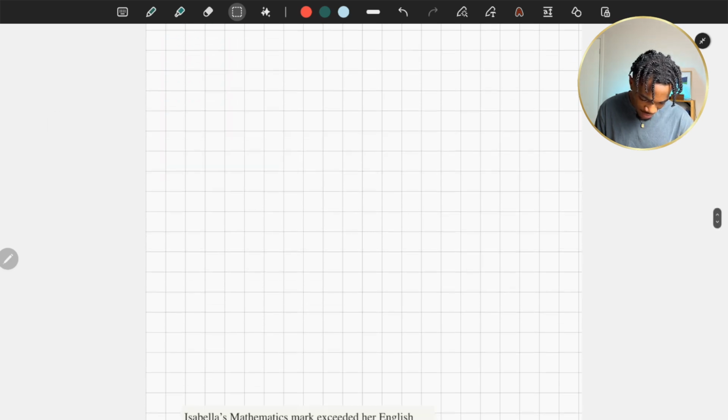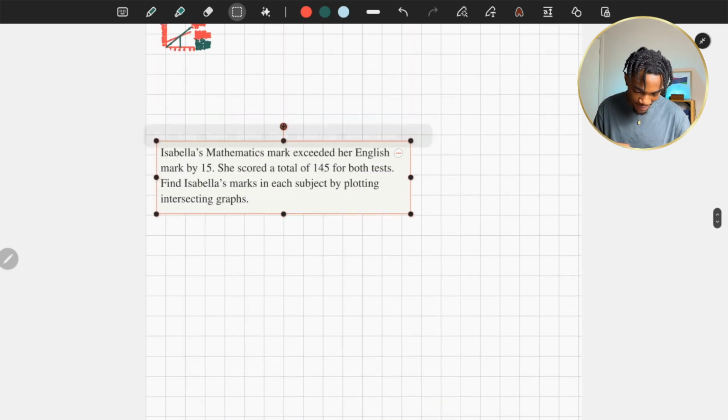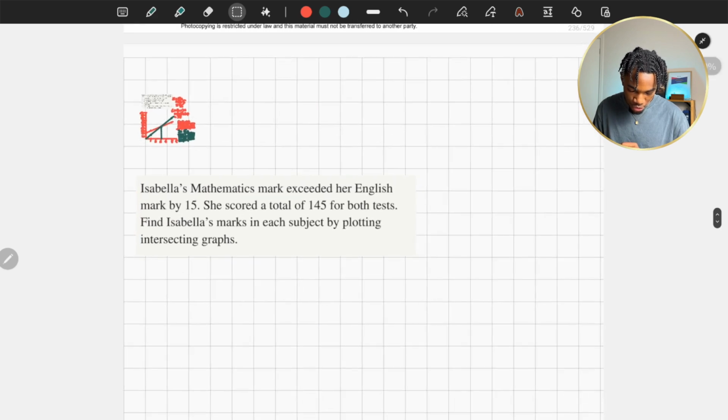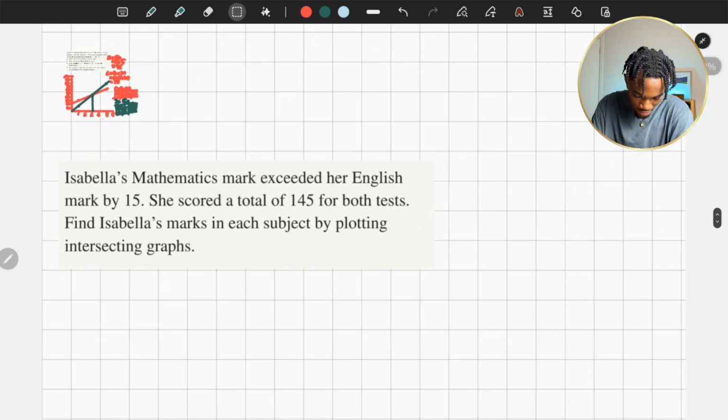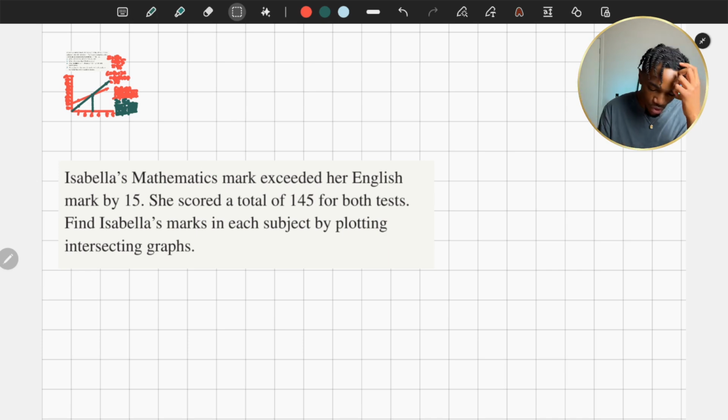Isabella's math mark exceeds her English mark by 15. She scored a total of 145 for both tests. Find Isabella's marks in each subject by plotting intersecting graphs. Again, just write out what you see.